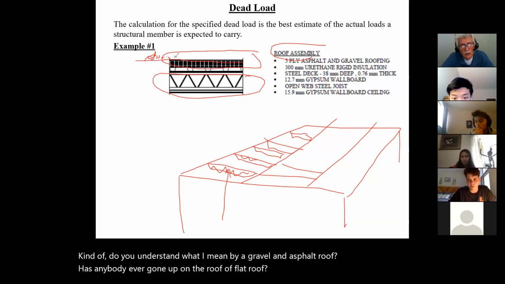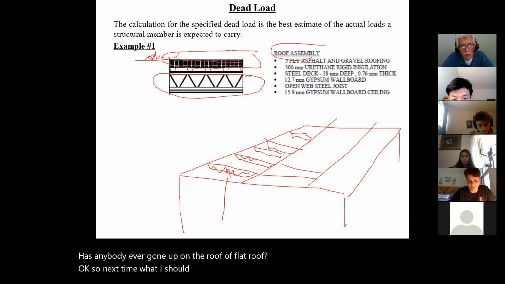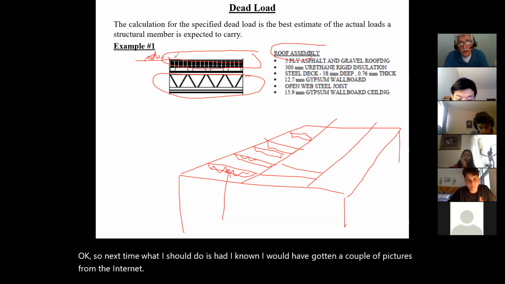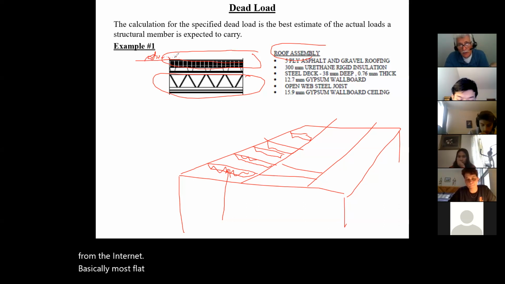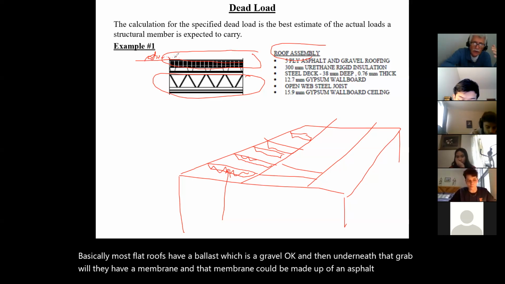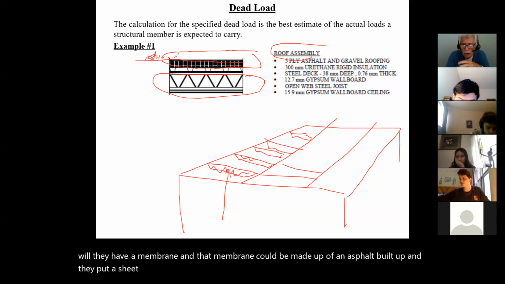Next time, had I known, I would have gotten a couple of pictures from the internet. Basically, most flat roofs have a ballast, which is like a gravel. Underneath that gravel they have a membrane, which could be made up of built-up asphalt, and they put a sheet of tar paper. They didn't talk about built-up roofs in construction 1 or construction 2?